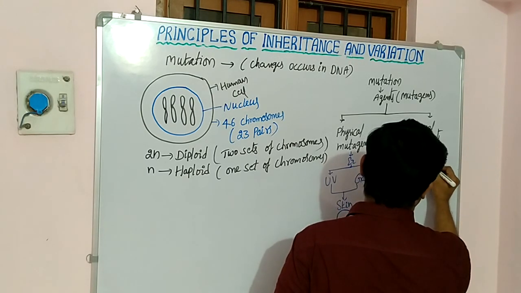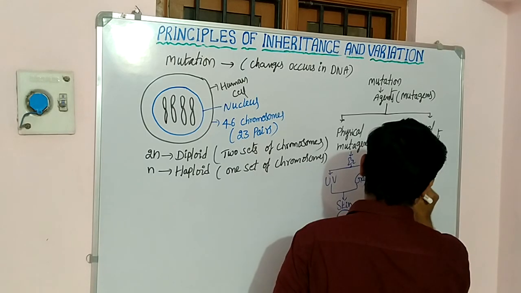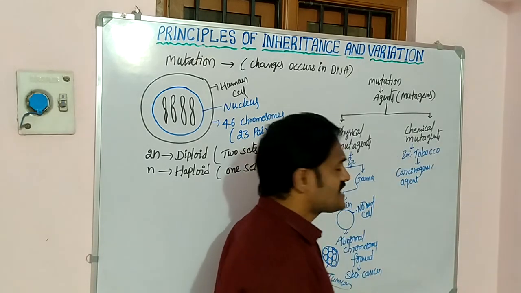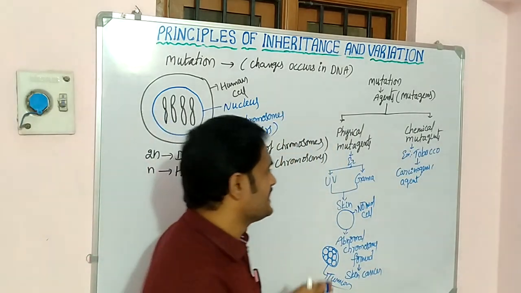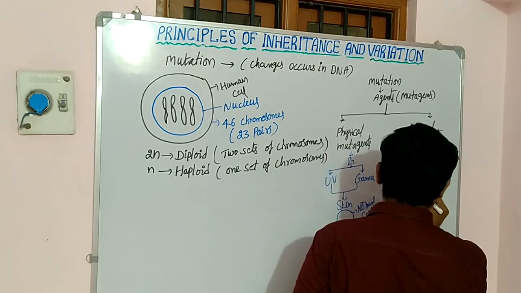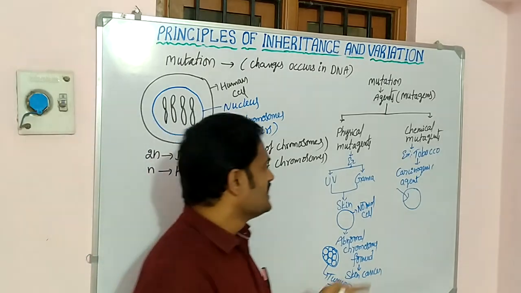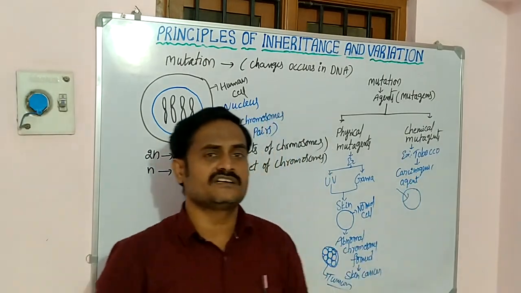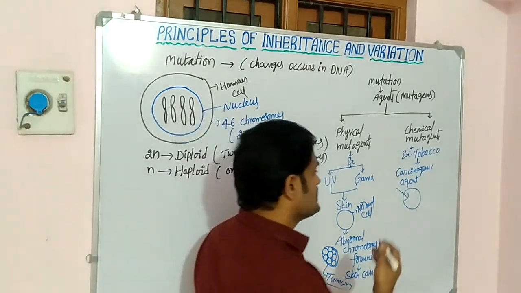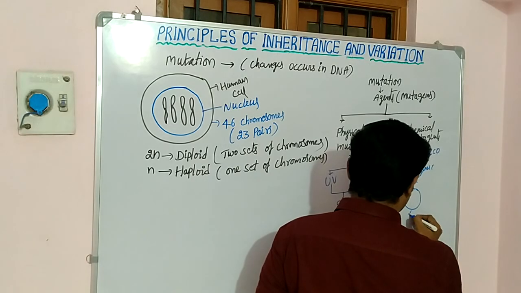This carcinogenic agent enters the normal cell and affects the DNA and genes, then it forms abnormal cells.